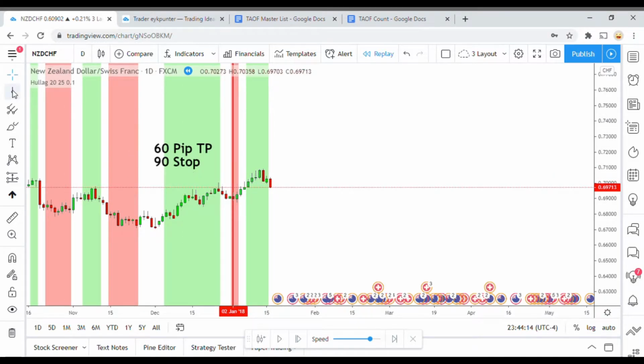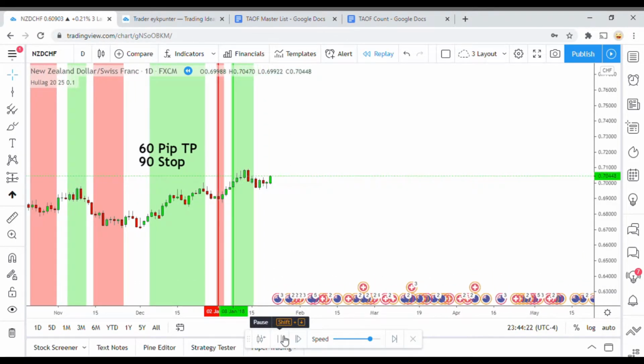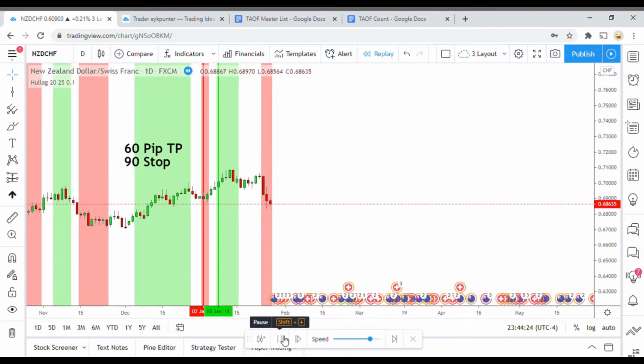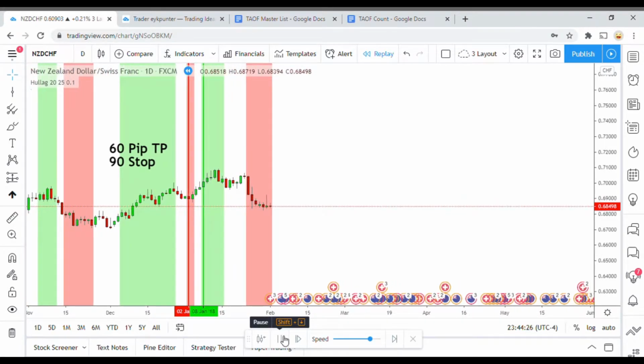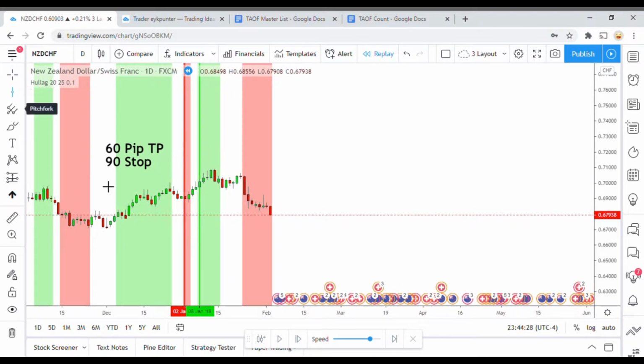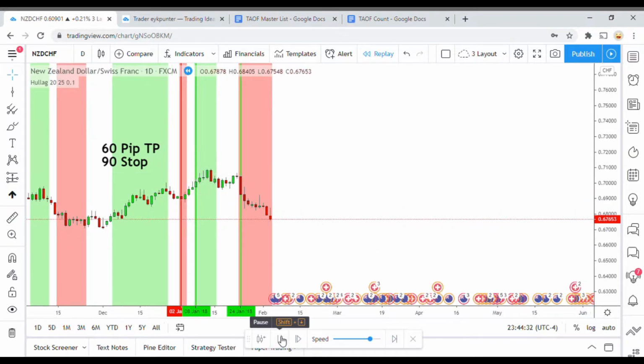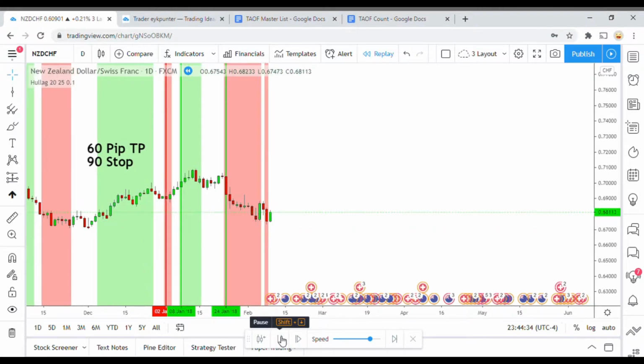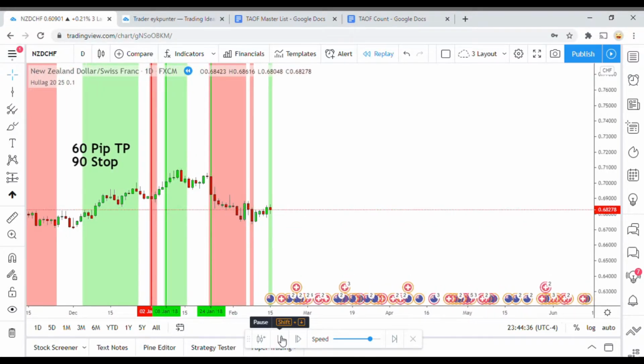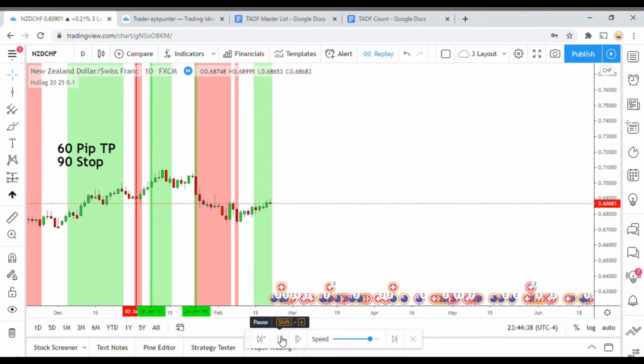Next signal was a buy signal, and that one did well. Got us into the take profit. Let's keep playing it out here, see what else we get. So that was a sell signal there, and it definitely got us into take profit area as well.